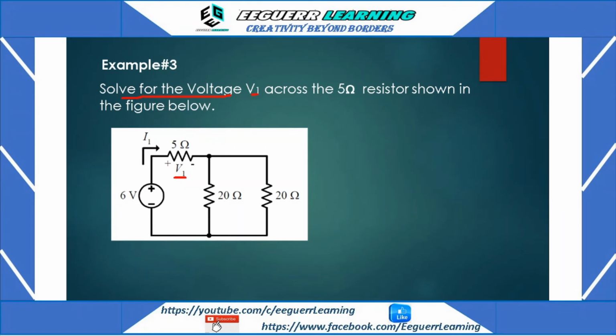So here in this example number 3, we are now tasked to solve for the voltage, not just the resistance. So we're now going to solve for the voltage drop of V1. Okay, so let us continue.